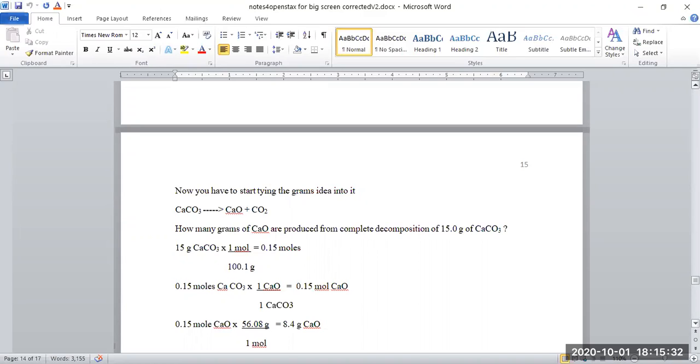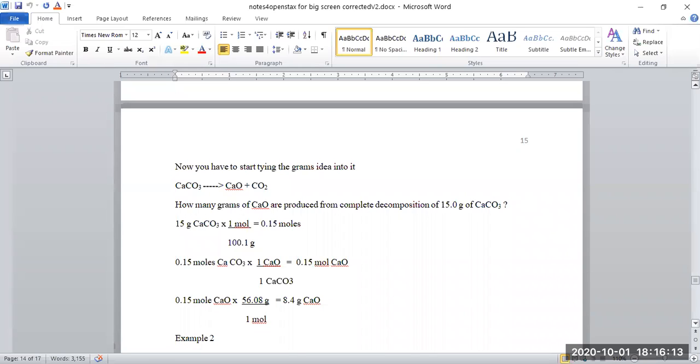I started with a nice 1-1-1 equation. 1 calcium carbonate, you heat it, it decomposes, you get 2 products, you get 1 molecule of calcium oxide and 1 molecule of carbon dioxide. So this one's kind of straightforward on the coefficient end of things. I did this one first because not having to deal with both at the same time when you're first starting out is probably a good idea.